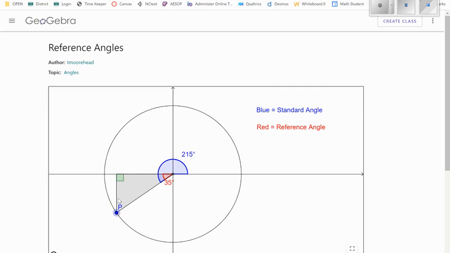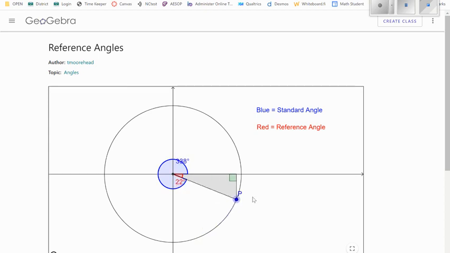And notice again, your triangle is always made with the x-axis. You don't ever make your triangle with the y-axis. It's always the x-axis. So when we get over here into quadrant 4, same thing, the triangle is made with the x-axis. And we had, for this one, I think it was 304 degrees. So 304 degrees gives us 56 degrees for our reference angle.